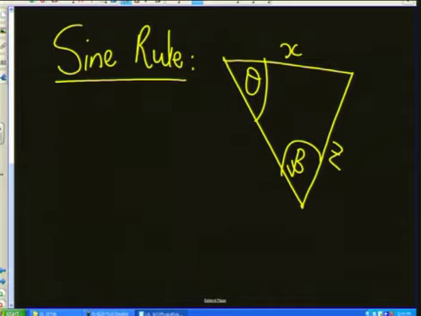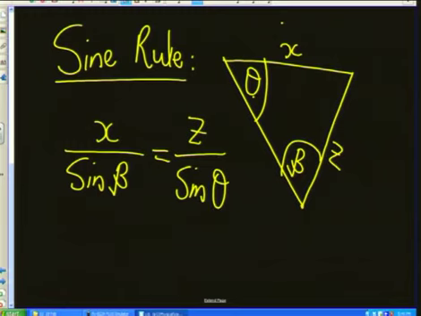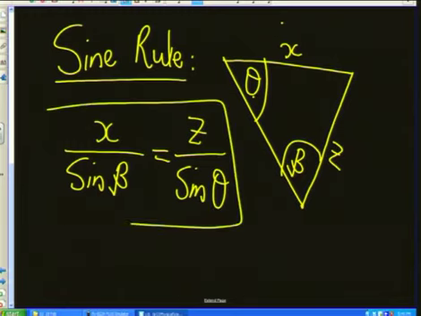The sine rule says this dimension of x divided by the sine of the angle opposite the side x, which in this case is beta, is equal to the dimension z divided by the sine of the angle opposite side z, which is theta in this case. Now, this is what the sine rule is about.